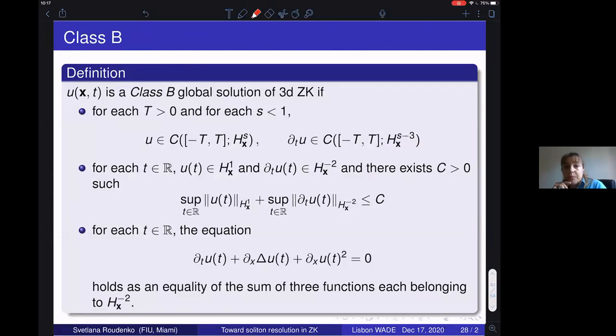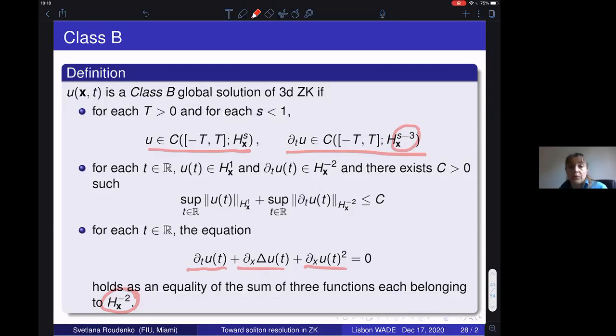So the class B, what happens is that we take our solutions in H^s, so the derivative, because remember we have 3 spatial derivatives, we put it in H^(s-3). So we consider that they are defined in these classes, and then when we consider the equation, this is basically just the sum of 3 functions belonging to H^(-2).